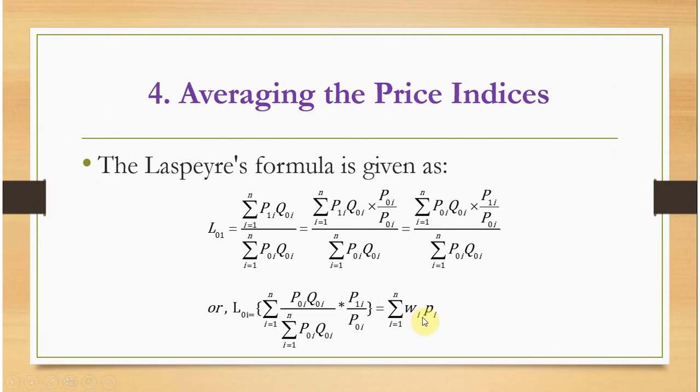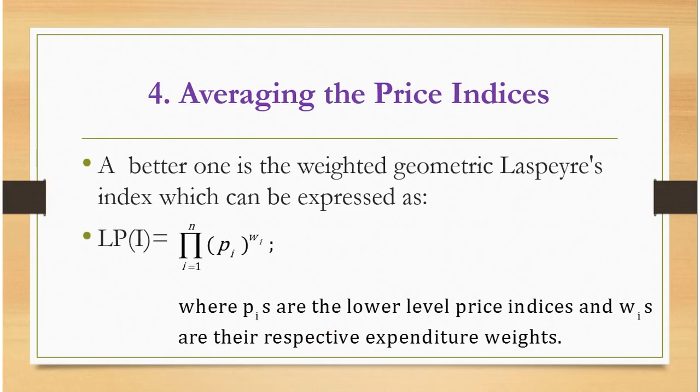This is summation WIPI, where PI are the price indices and WI are the expenditure weights. So a better one is the weighted geometric Laspeyres index, which is expressed as the geometric weighted average of the price indices.